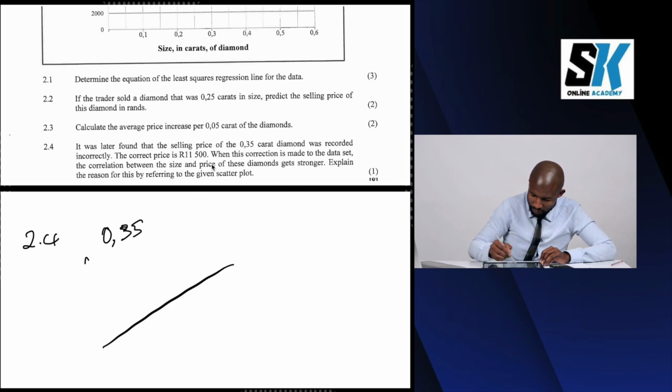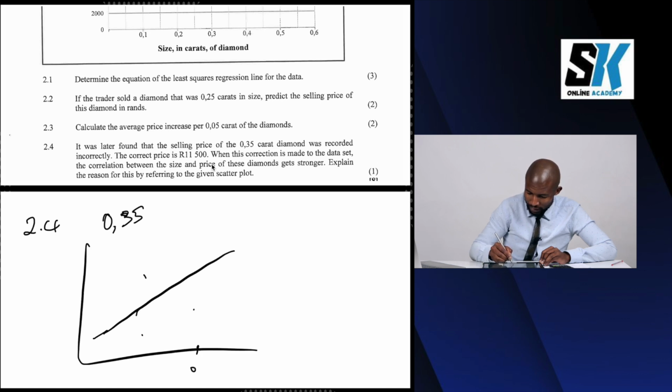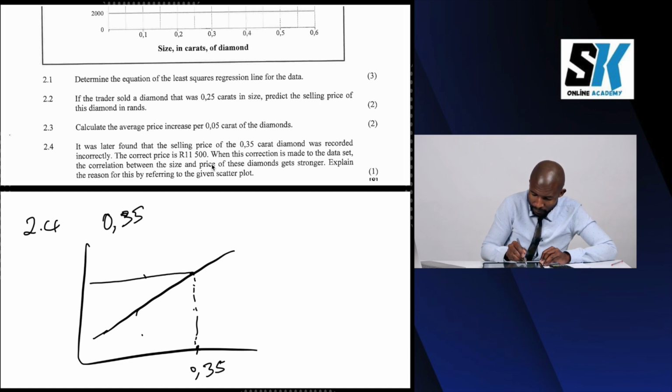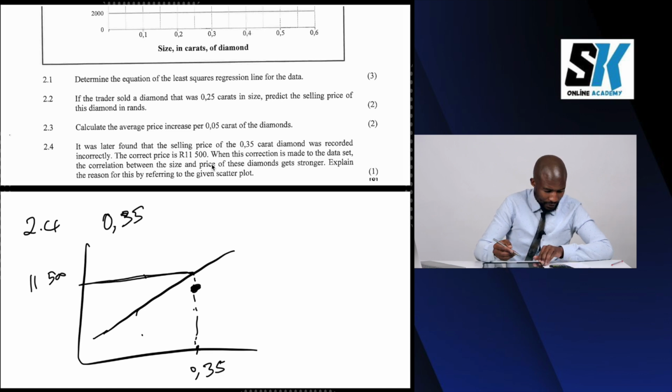So you have that line, you have the points in between, right? Where it says 0.35, this is what you're going to do. You're going to join up until you get to the line of the scatter plot, and when you go in this direction, you're going to see it's no longer 10,000, because 10,000 is below your line. And when you get here, it's going to be that 11,500. So where it says 0.35, it's going to be that 11,500.